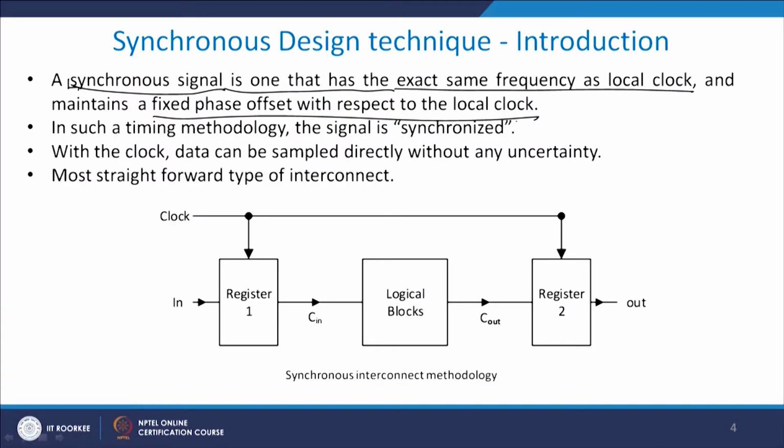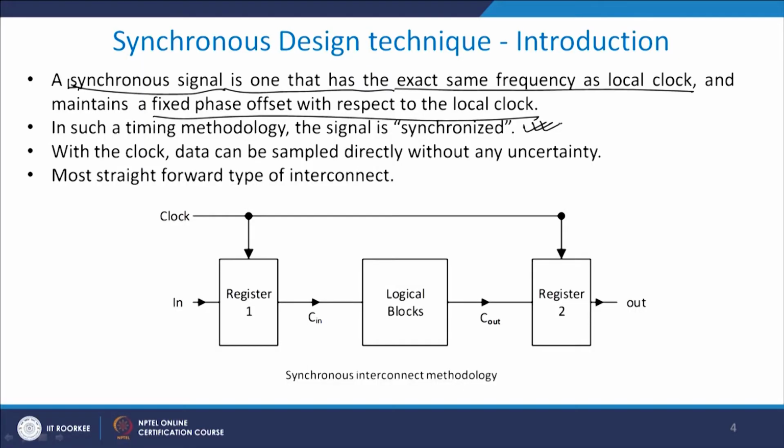So, if you look at the second point, in such a timing methodology, the signal is synchronized. This is very important. Which signal? The signal which you are sending as data has to be synchronized with respect to the clock. So, it can't happen that you go on increasing the clock frequency and your data is coming at a much lower frequency; that won't work. You have to match the frequency as well as the phase.